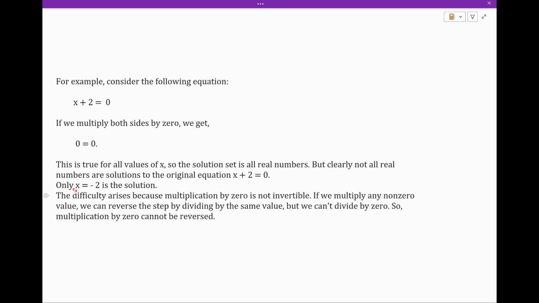Only x is equal to minus 2 is the solution. The difficulty arises because multiplication by 0 is not invertible. If we multiply by any non-zero value, we can reverse the step by dividing by the same value. But we cannot divide by 0, so multiplication by 0 cannot be reversed.